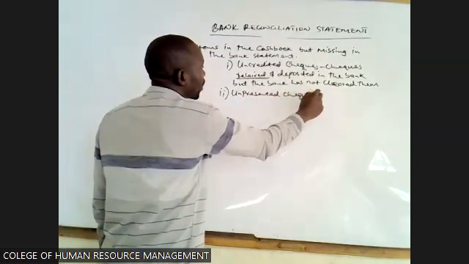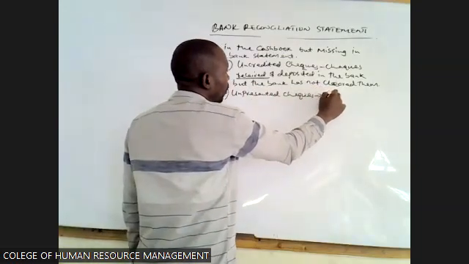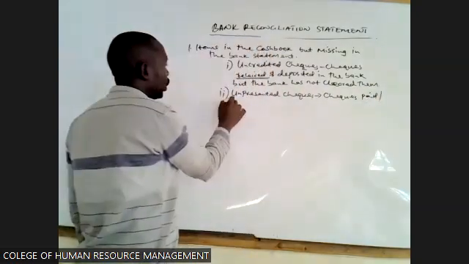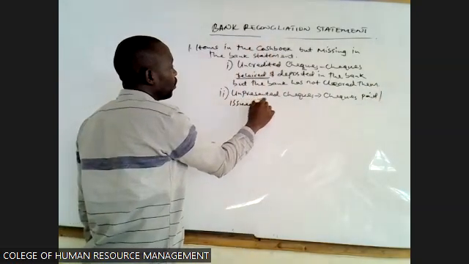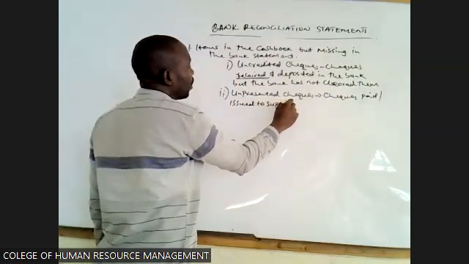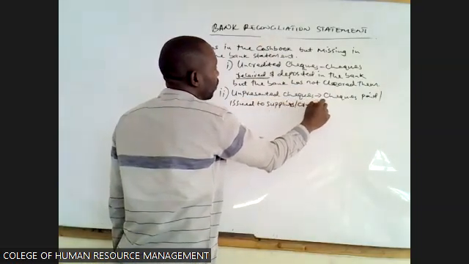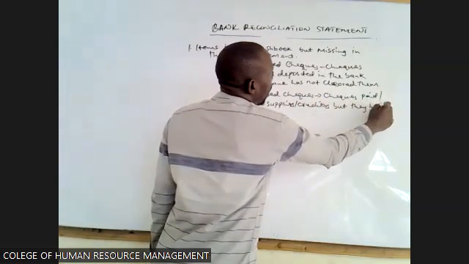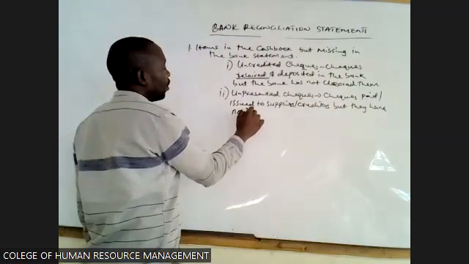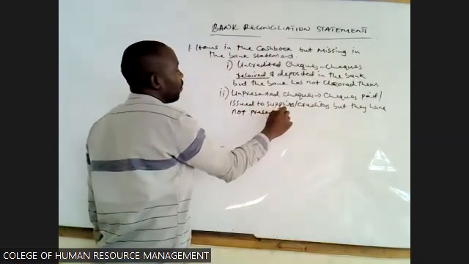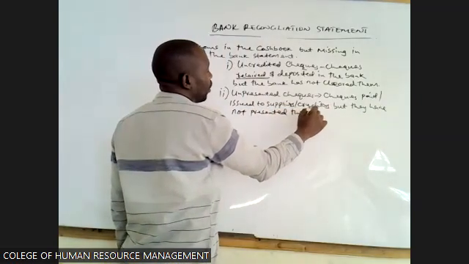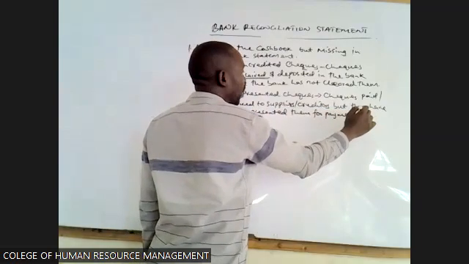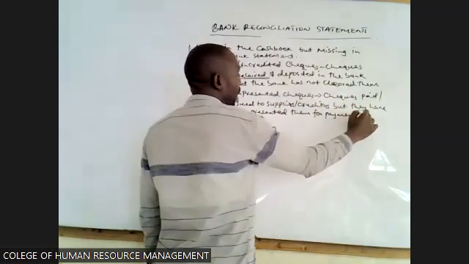The unpresented checks are checks paid or issued to suppliers or creditors, but they have not presented them for payment to the bank.